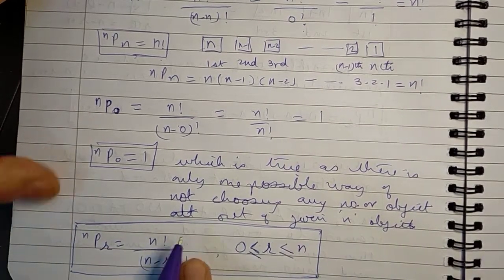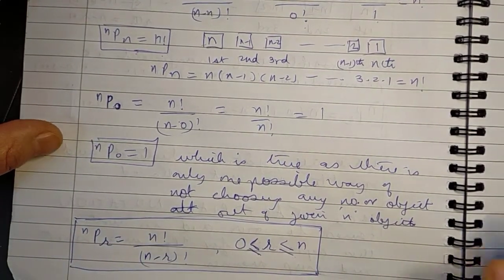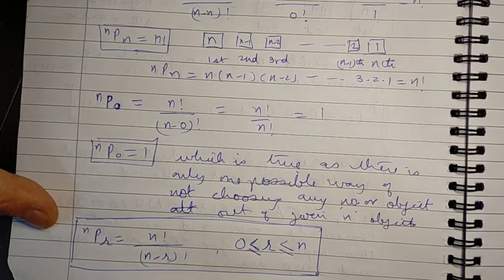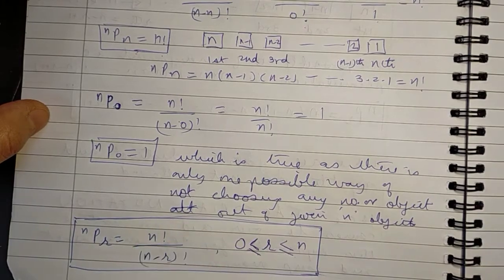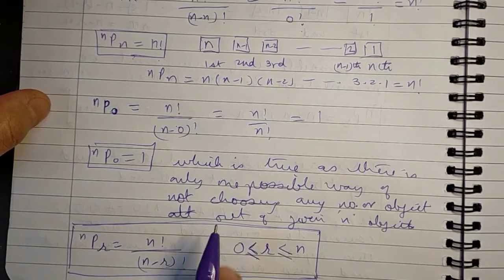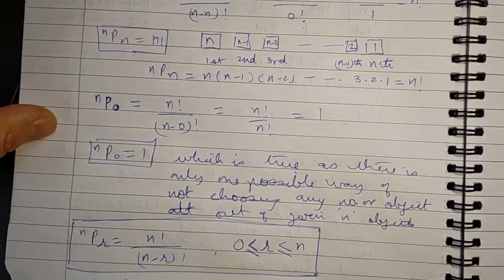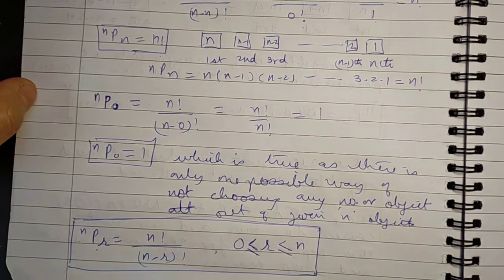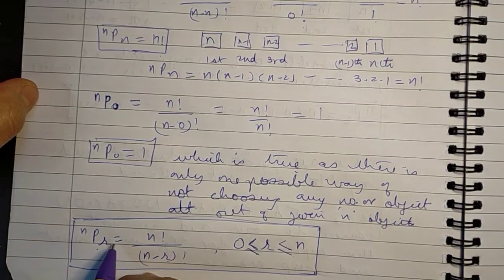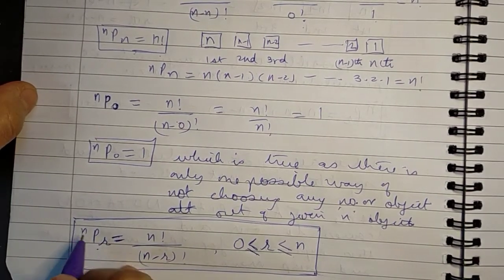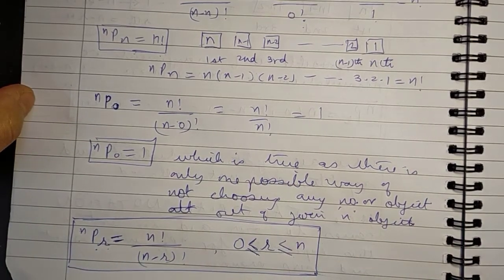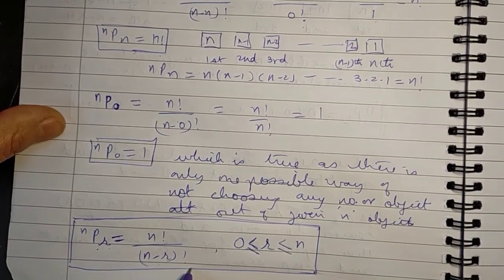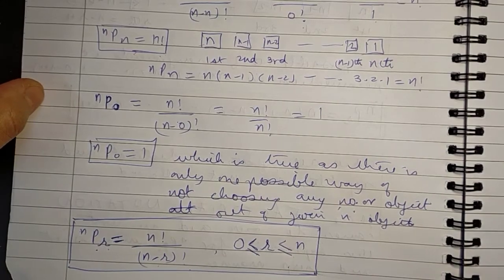With this we come to a very important result about arrangements. A permutation is an arrangement of n objects taken some or all at a time, and it is denoted by nPr. If we are taking the permutation of n things taken r at a time, when all the objects are distinct and repetition is not allowed, then this is the formula.